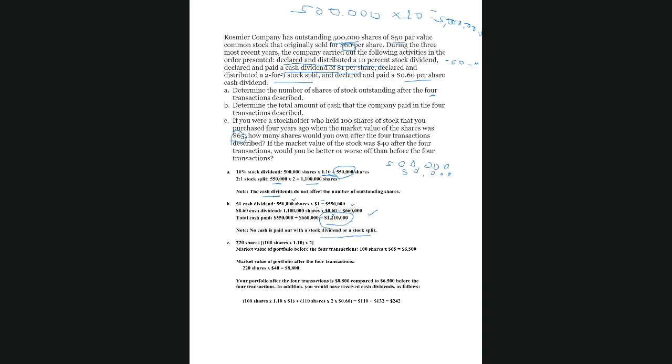You bought 100 shares for $65 per share. So that's the amount that you originally paid, the 100 shares times the $65. The original amount of your investment was $6,500.